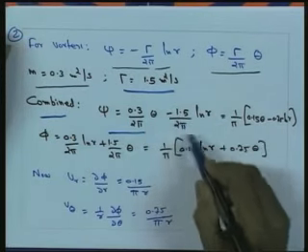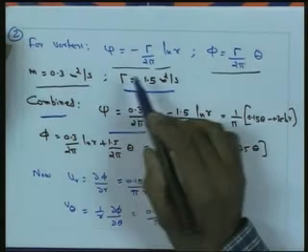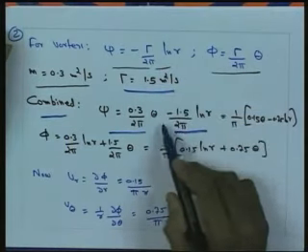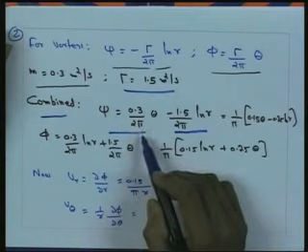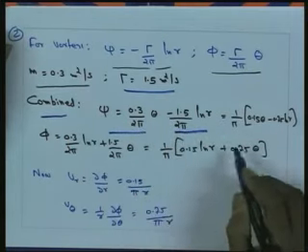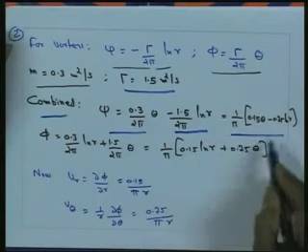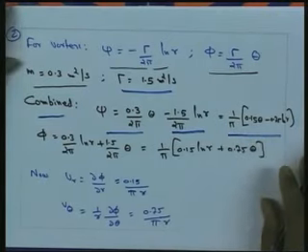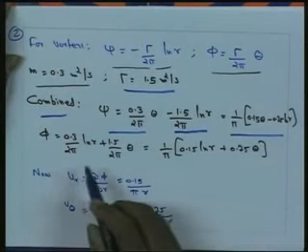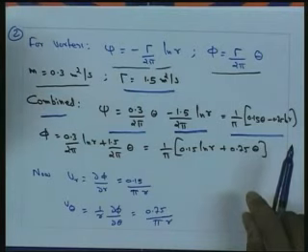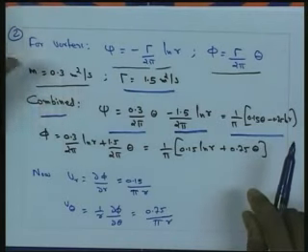Then we superpose the vortex psi function, which is minus gamma by 2 pi natural log r. So psi is equal to 0.3 by 2 pi theta minus 1.5 by 2 pi natural log r, which can be simplified as 1 by pi into 0.15 theta minus 0.75 natural log r.